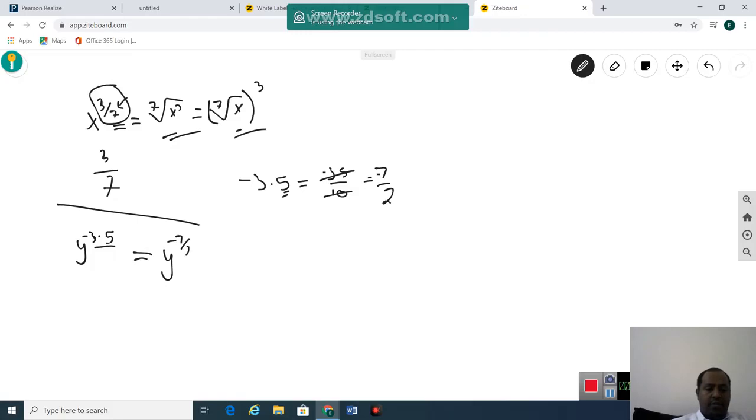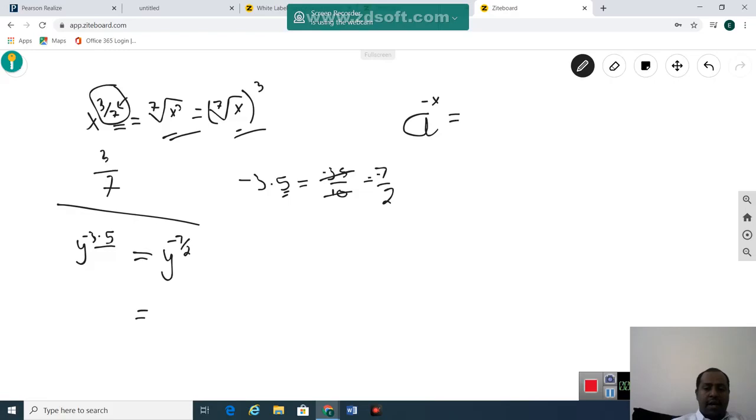Negative 7 over 2. Then what do you think will be the next step? Since the exponent is negative, I have to make it positive. If you remember from your previous knowledge of exponents, one of the rules says that if we have a power with a negative exponent, we can change it to positive exponent by taking its reciprocal.